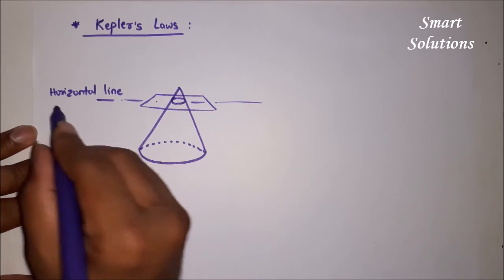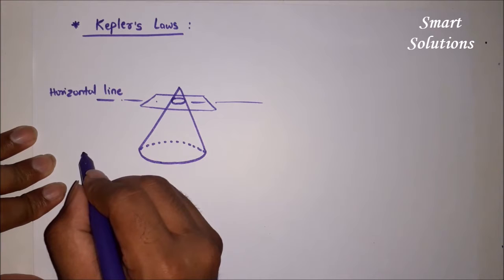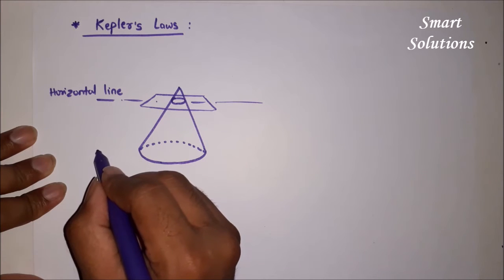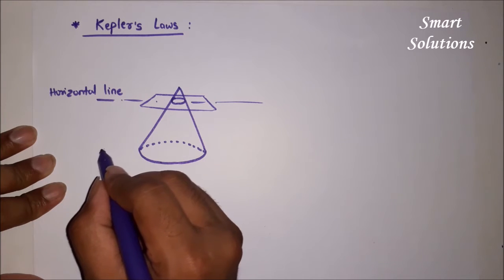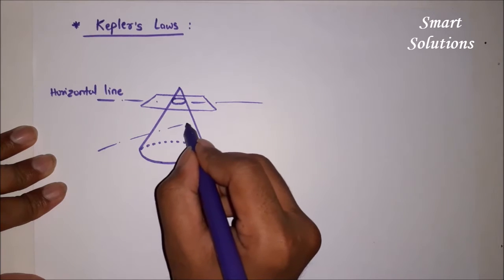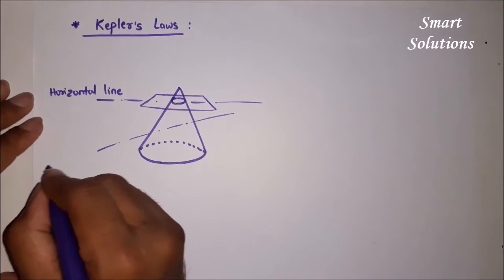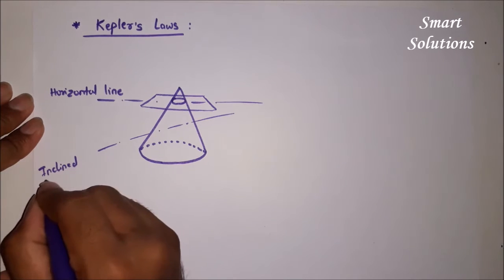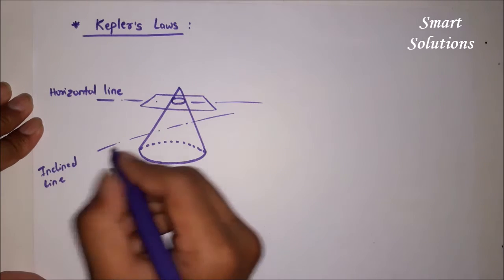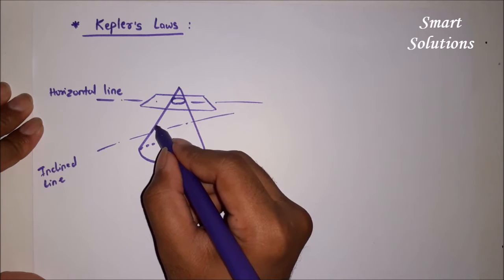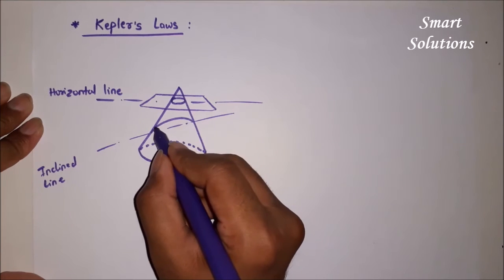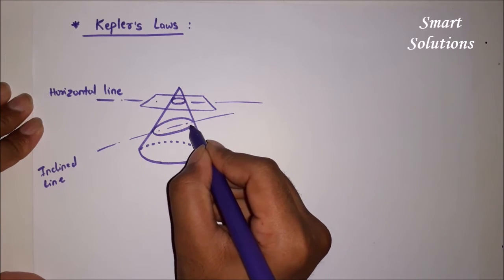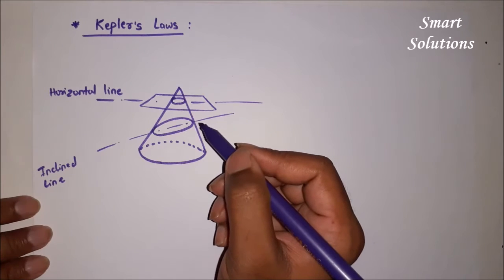Instead of cutting this cone in a horizontal line, if we cut the cone along any inclined line, then we will obtain something in this fashion.